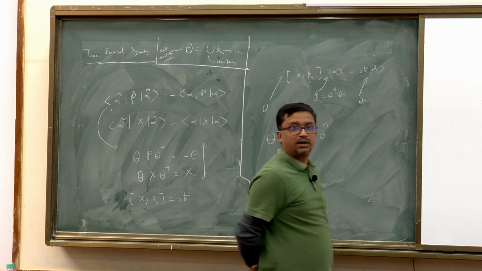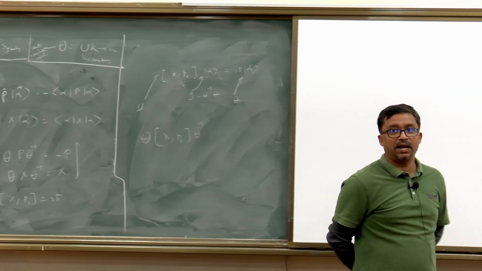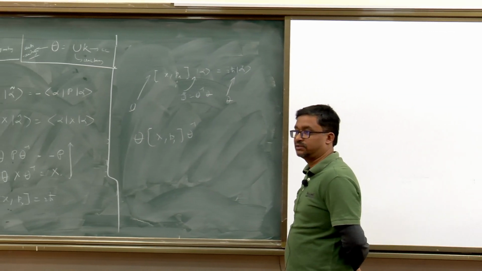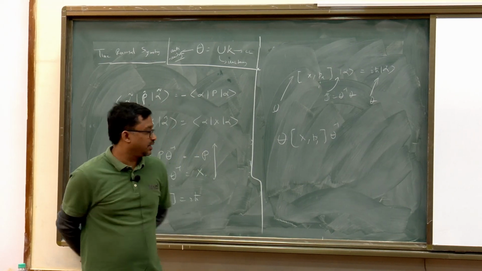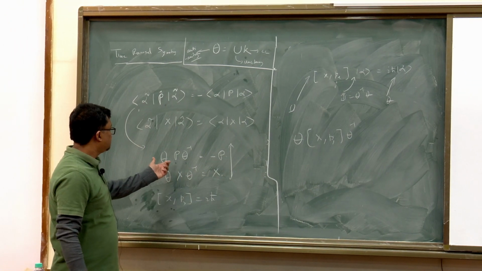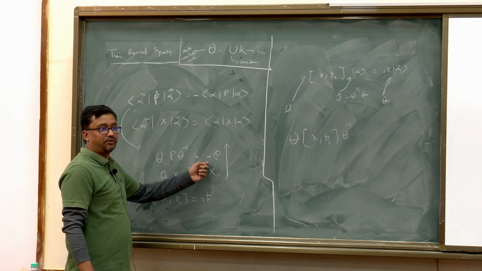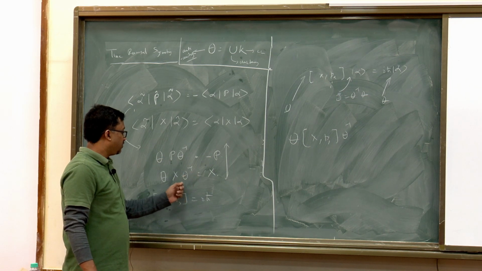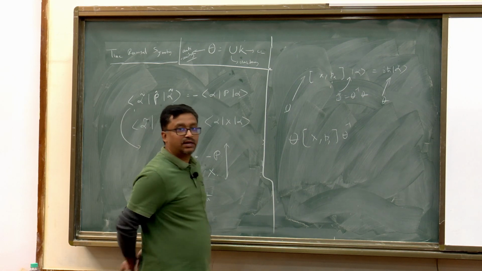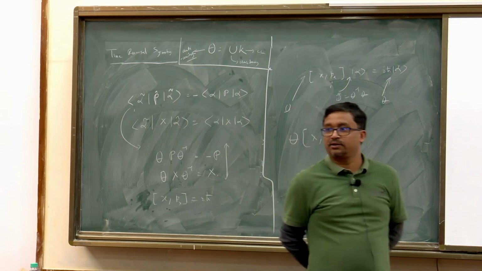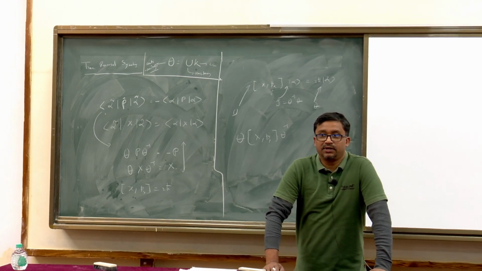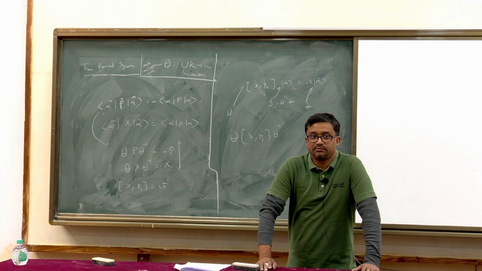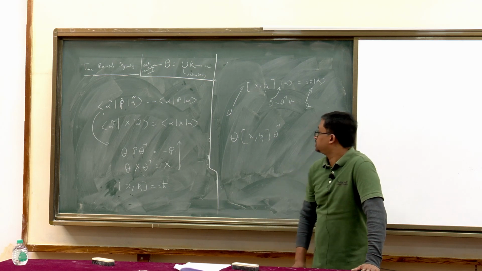That is what you want. That is the similarity transformation of the commutation relation. So, please try to derive this, given the constraint that the similarity transformation of your momentum will give you negative, and the position is invariant under similarity transformation with your time reversal operator. Okay. Try to derive this.